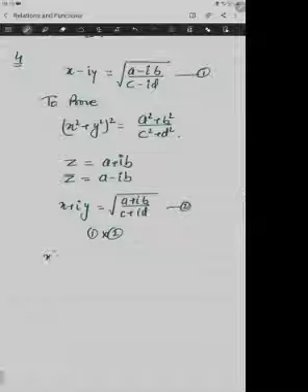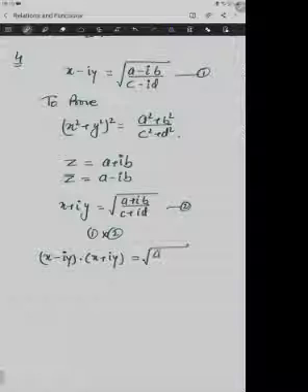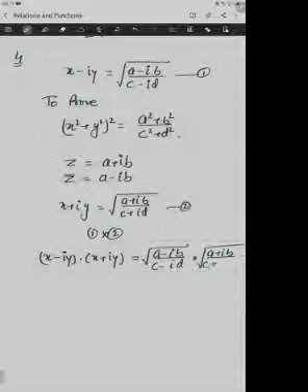So it will be, not x square at the first step, x minus iy into x plus iy equals square root of a minus ib upon c minus id into square root of a plus ib upon c plus id.